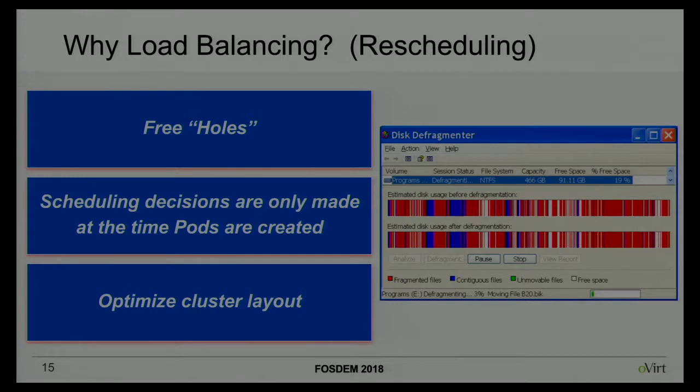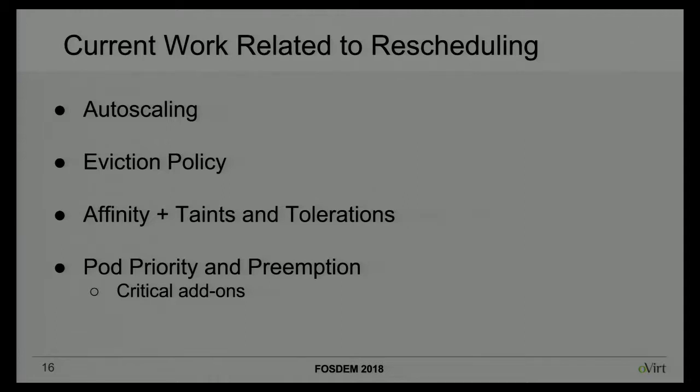A complete framework for that doesn't exist yet in Kubernetes, but there's work being done. So in the Kubernetes world, let's take a look at a few of the examples that currently exist in Kubernetes.